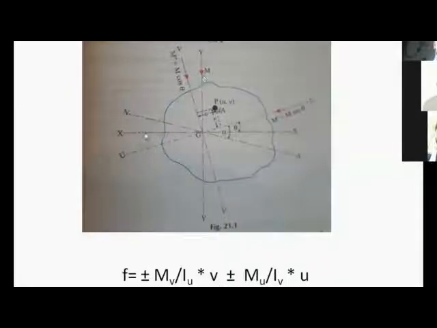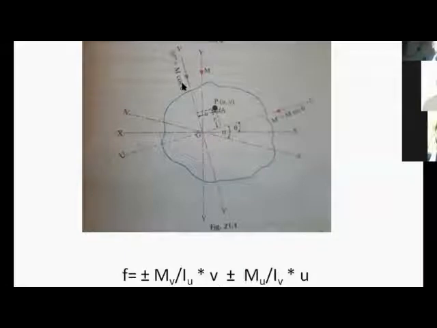Now this is the x axis and this is the y axis. Loading is applied along y, or the moment is acting in a plane containing the y axis. So it is not along the VV or UU, so it produces unsymmetrical bending.